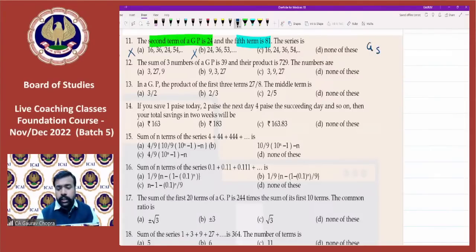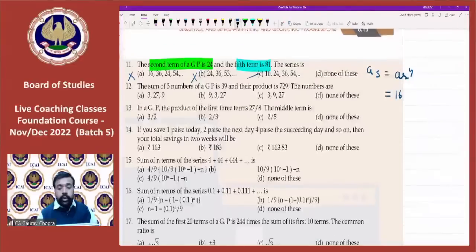So fifth term means A5. A5 is A R to the power of 4. So what is the first term of series? According to option number C, 16. What is common ratio? Common ratio is 24 by 16.